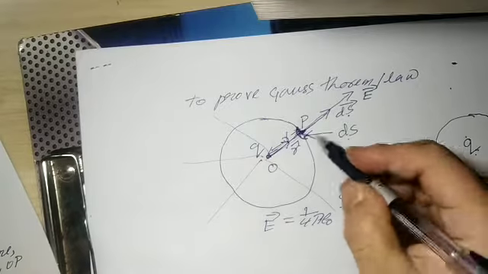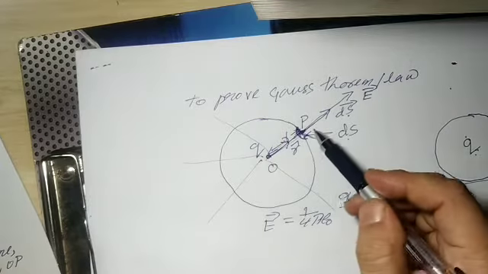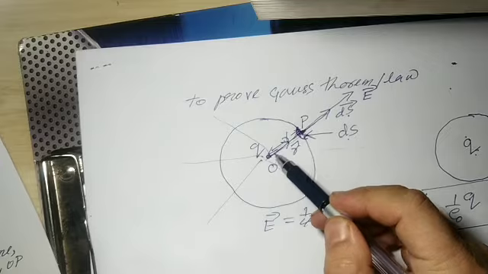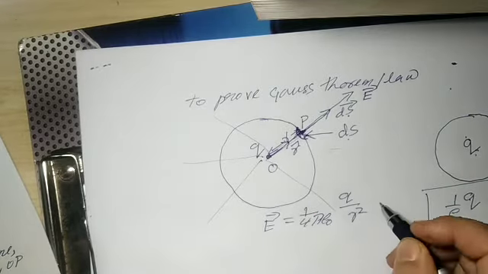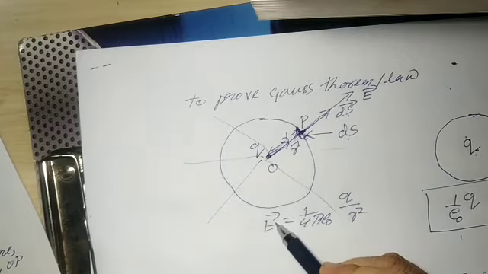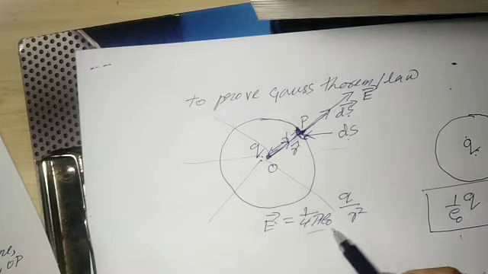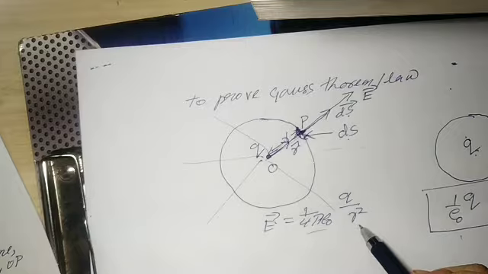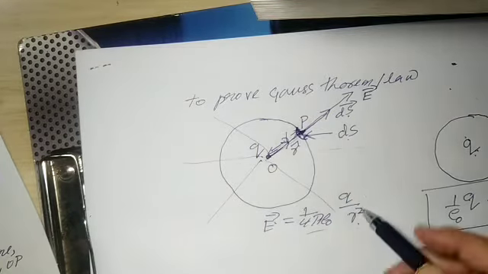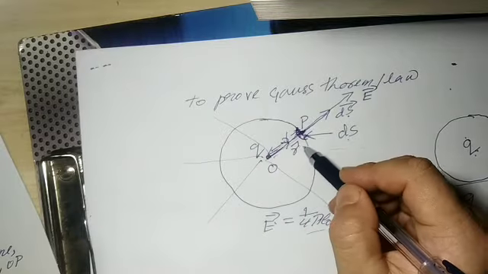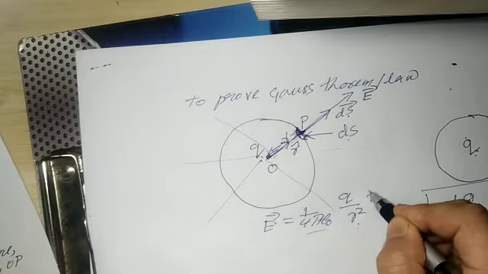Here r square means the distance between the point P and the charge, it is r. Since electric field is given in vector form, this side also should be in vector form. So what is the direction of this radius? It is given by the unit vector r cap.